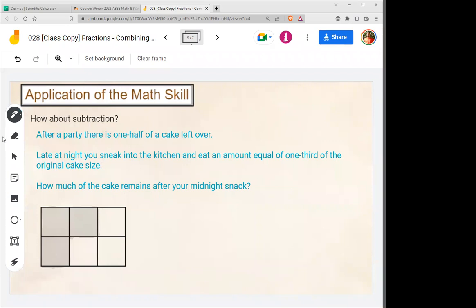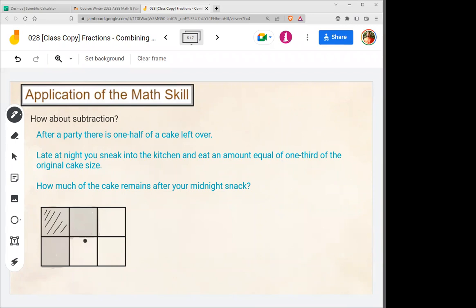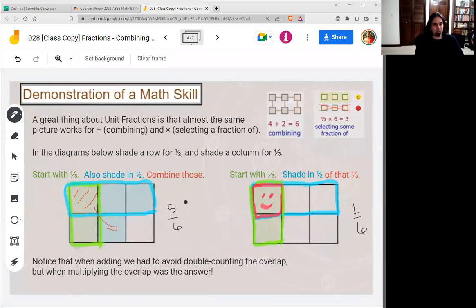So do you just shade one of the squares that's already shaded? That would be a sixth of the original cake. I don't know. I guess I'm just kind of confused. What does a third of the whole rectangle look like?